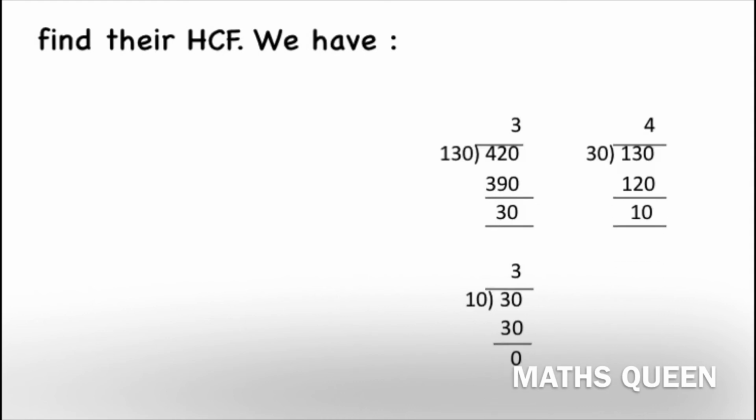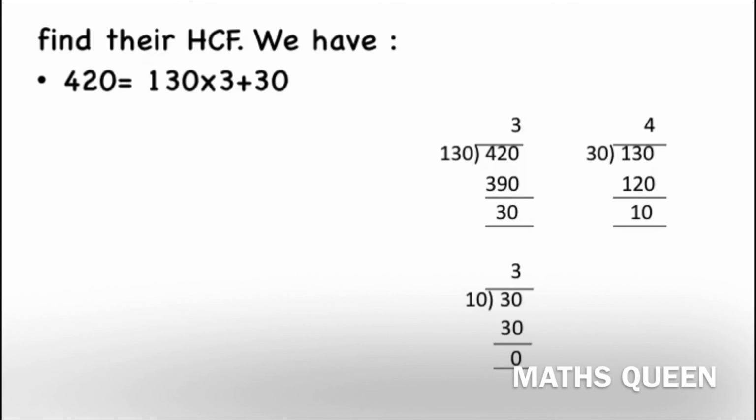So here remainder not equal to 0, so we divide the divisor 130 by 30. Here the quotient is 4 and the remainder is 10. Remainder not equal to 0, therefore we divide 30 by 10. Then we get a quotient 3 and remainder 0. Here remainder being 0, the divisor is the HCF.